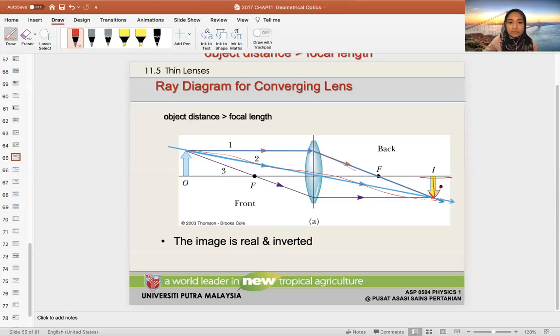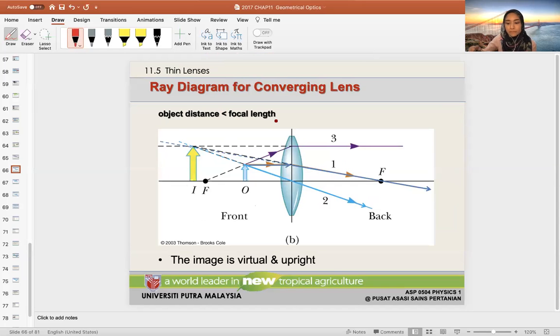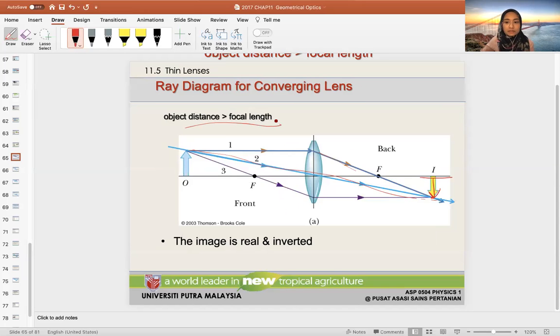The image becomes inverted when your object distance is greater than your focal length. Again, you don't have to memorize this if you can draw this correctly. Oh, sorry, image is real and inverted. Forgot to mention that it is real. At the back of the lens, it is real. This is the opposite case for mirror. At the back of the mirror, it is virtual. At the back of the lens, it is real.